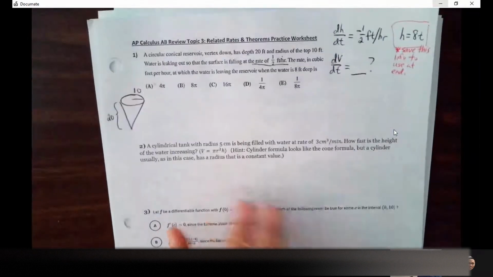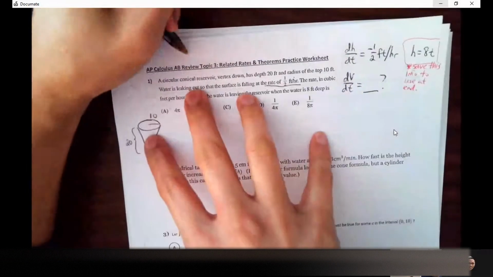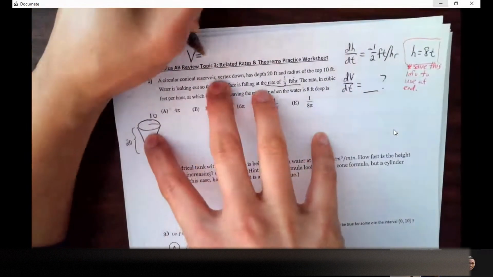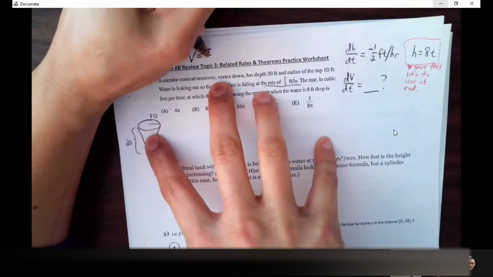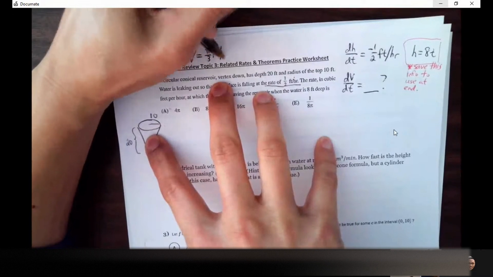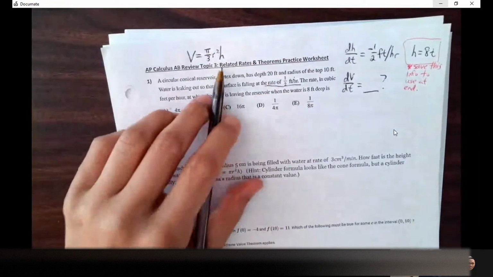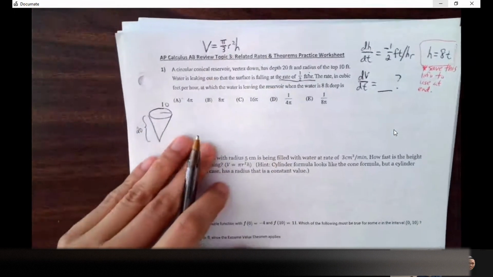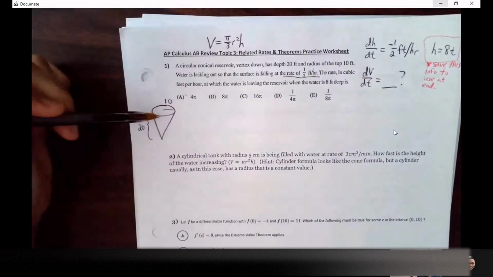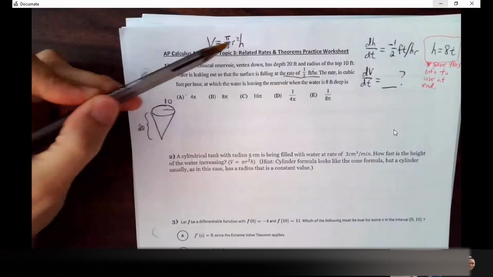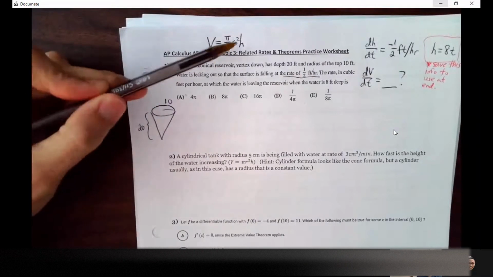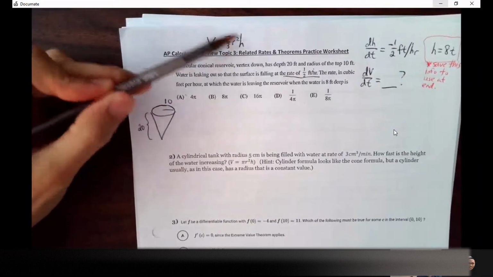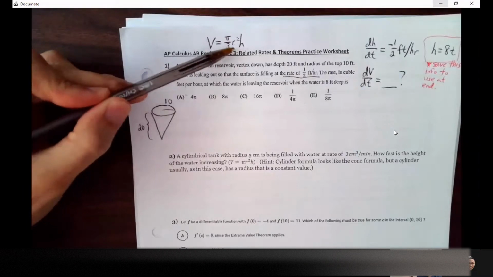Now, usually with cones, our volume formula has too many variables on the right side, and so this volume formula will be given to you. We have radius and height, and the purpose of similar triangles is so that we can replace one variable with the other so that we can have a clean derivative without having to deal with multiple variables.